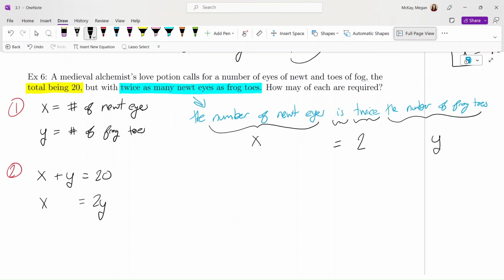Now we have one more step here. We need to make sure that our equations are written in the proper form. Now we might be used to thinking that y equals mx plus b is the proper form. That is our slope-intercept form.